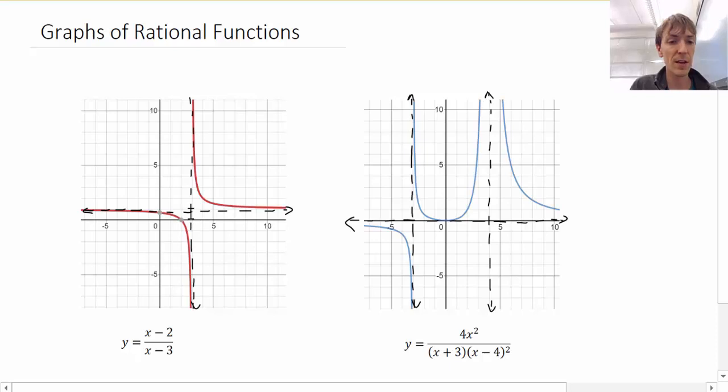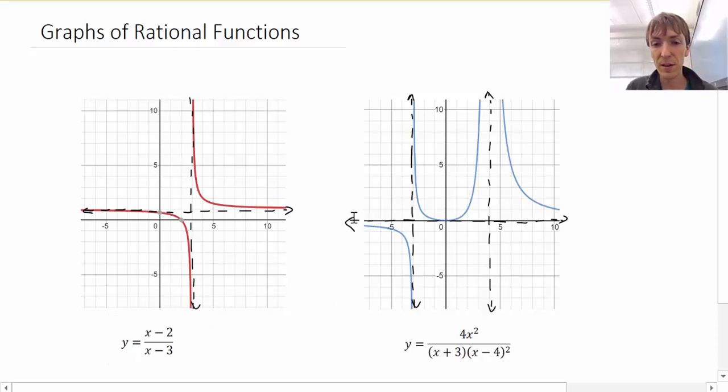So on the left graph, that's not too hard to spot. This line, which is actually y equals 1, as we're going to find out, the graph is approaching it on both the left and the right sides. And this line, which is x equals 3, is being approached up here and down here.